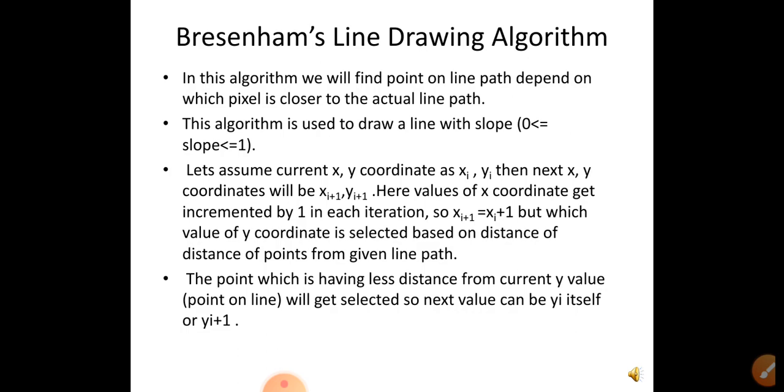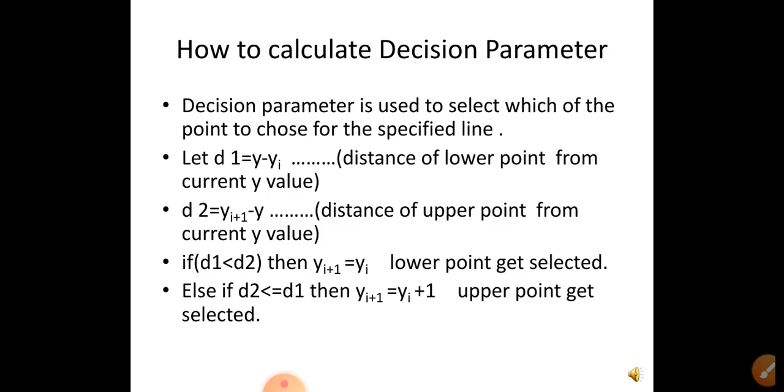If D1 is less than D2, lower pixel is selected. If D2 is less than D1, then upper pixel is selected. Depending on that, the corresponding y value will be chosen. Okay.